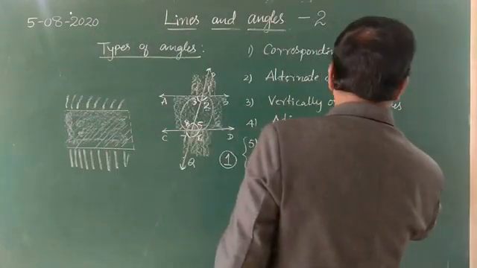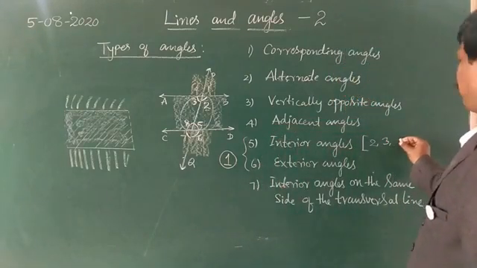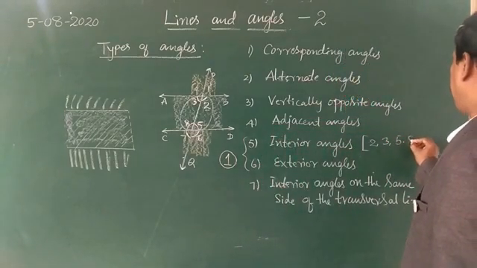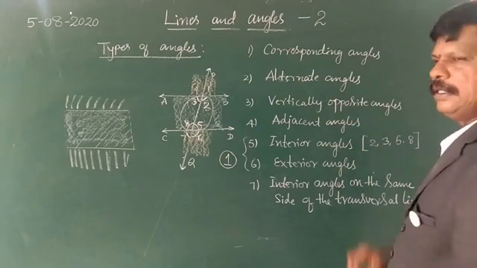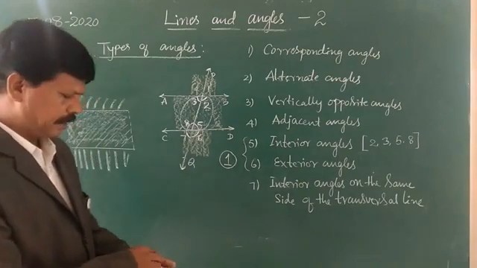I am writing only the numbers: 2, 3, 5, 8. These are the four interior angles.